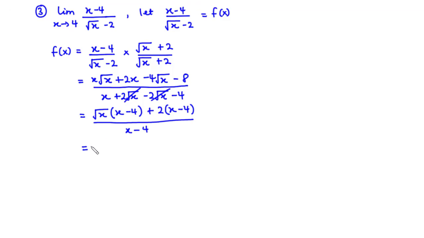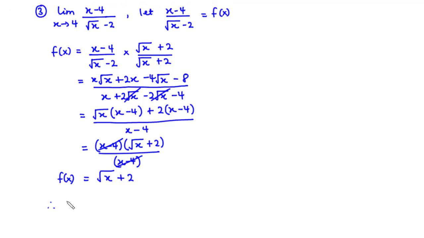Now from the numerator, we have x minus 4 that is common to each of the terms, and then inside of the bracket we have square root of x plus 2 divided by x minus 4. So we cancel out x minus 4, and then we have f of x as the square root of x plus 2.